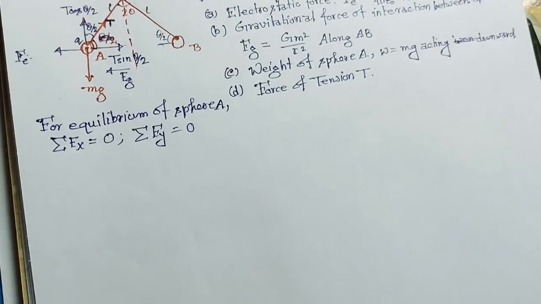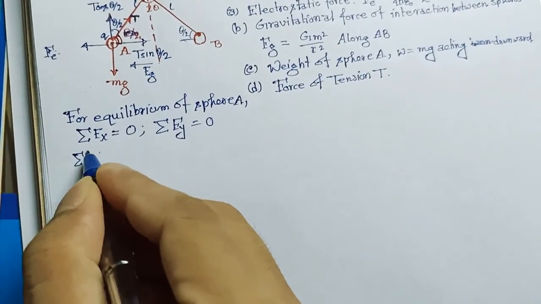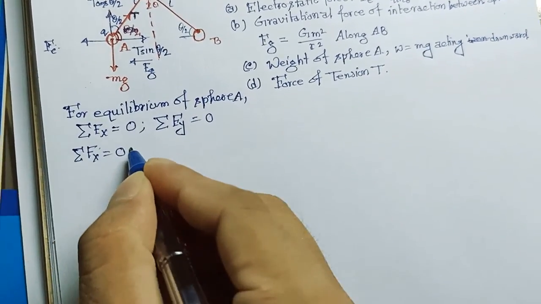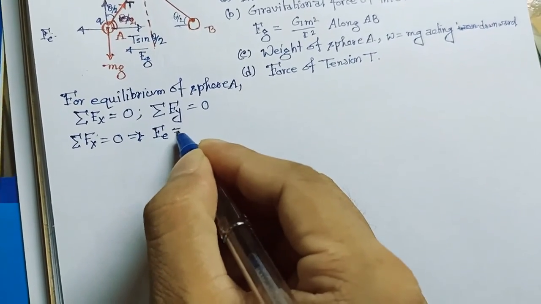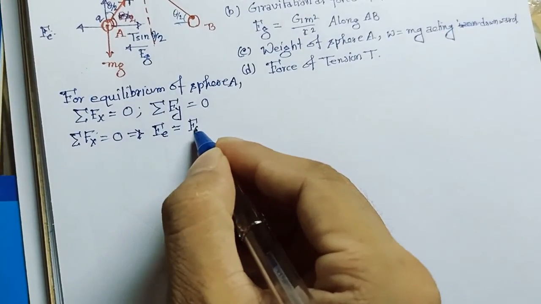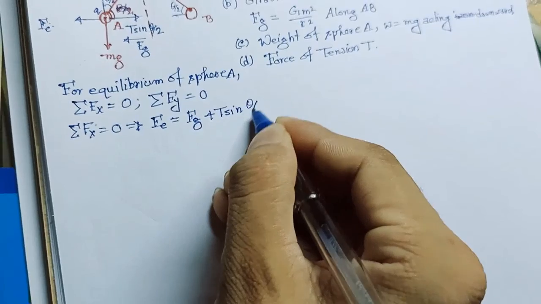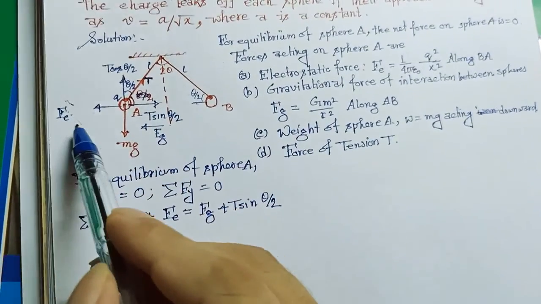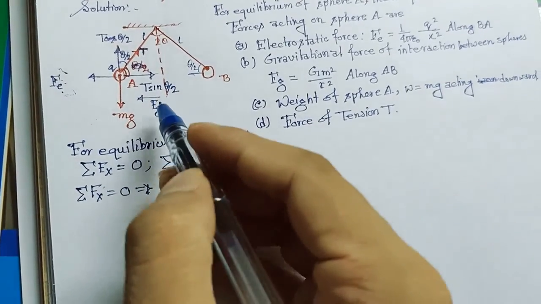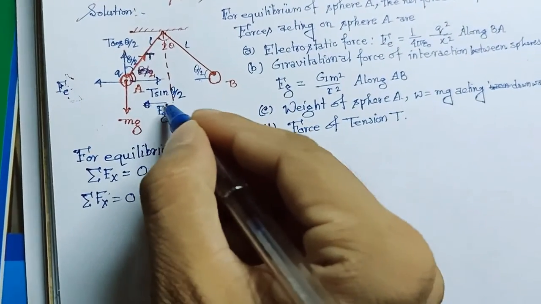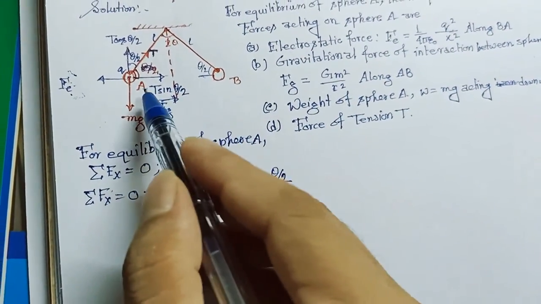From the first condition, summation of Fx equal to 0, it implies that Fe is equal to Fg plus T sin theta by 2, because Fe and Fg are directed in opposite directions.